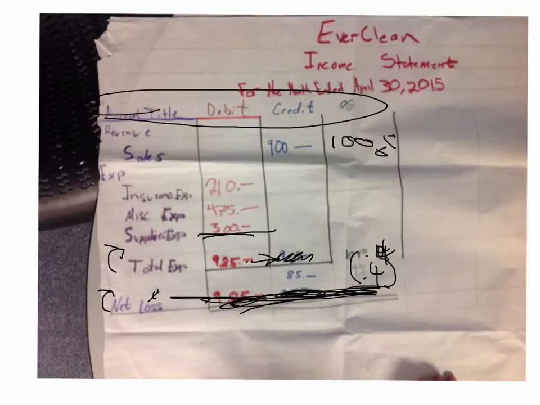And then this should be up here actually. 985. And that should be underlined. And then there should be a double underline across here. And then the 85 was right there. And then this should be in parentheses. And then the decimal thing. Alright, so that's it for the income statement.